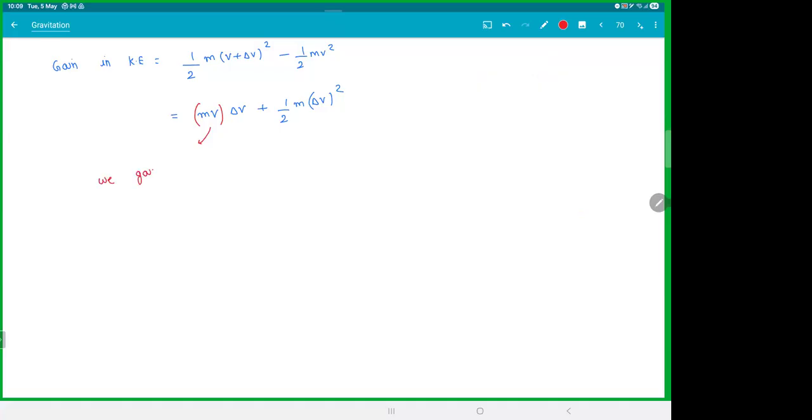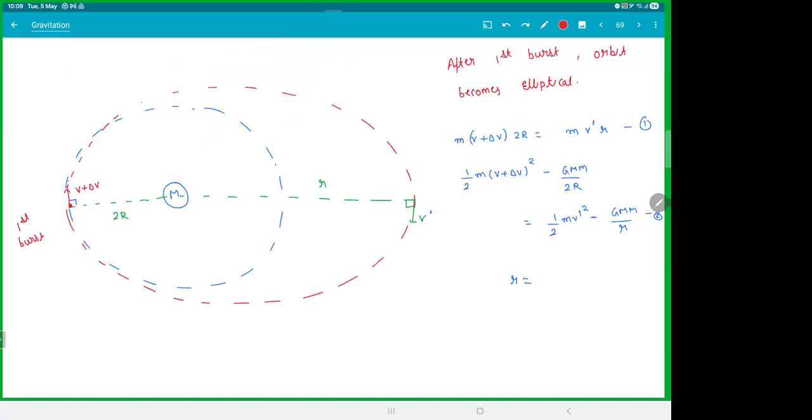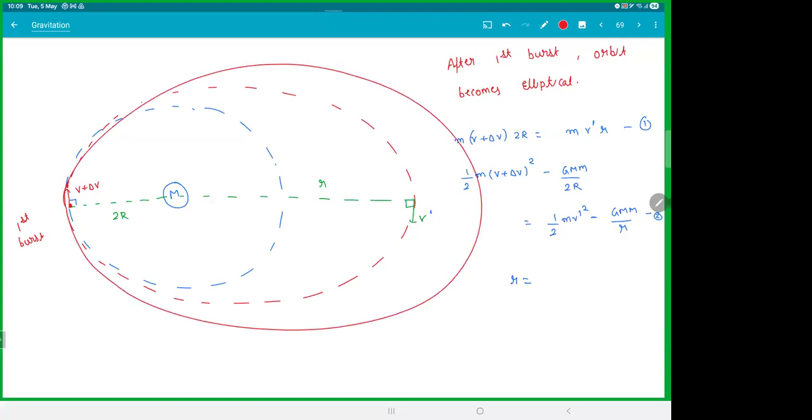That means you should switch on the engines at the point on an ellipse where the speed is maximum. That is your minimum distance, and that is your initial point. So the first time when you switch on the engine, that is the same place you have to switch on the engine again. You have to keep on switching on the engine at the same place you did the first burst. So the second time when you do the second burst, you get a bigger ellipse.